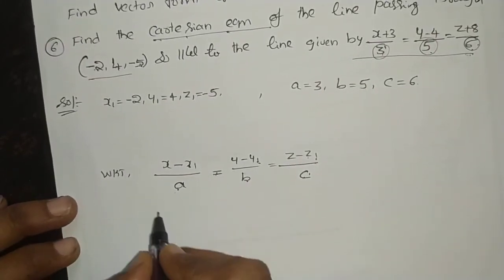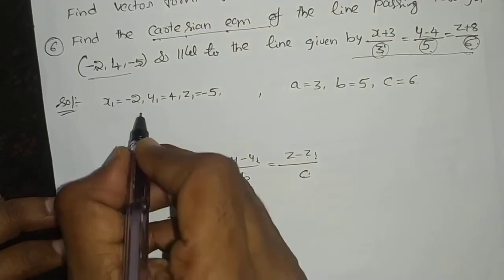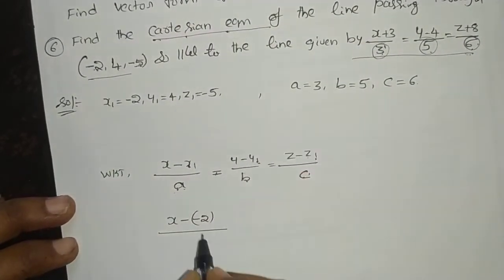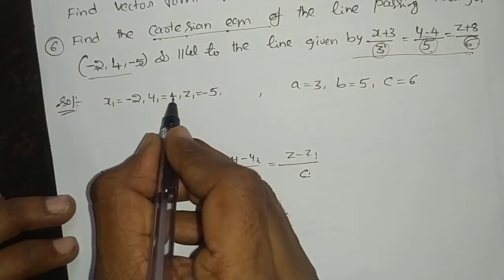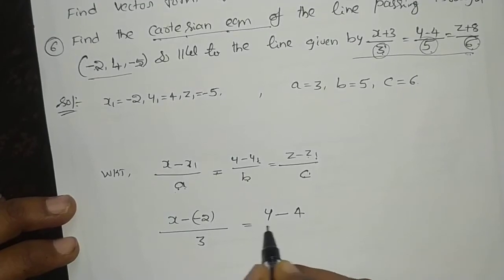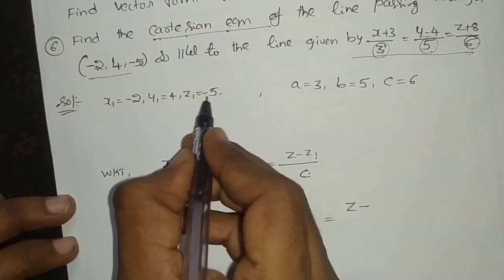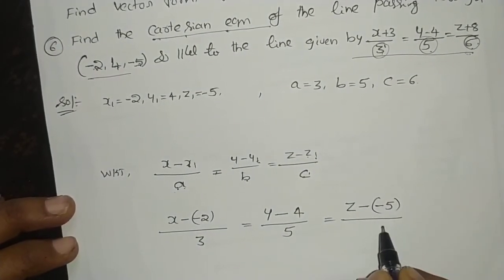Now you just substitute the values. In place of x1 put minus 2, divided by a, which is 3, equals y minus y1, which is plus 4, so (y minus 4) divided by 5, equals z minus z1, which is minus 5. If minus is there, kindly keep it in brackets.